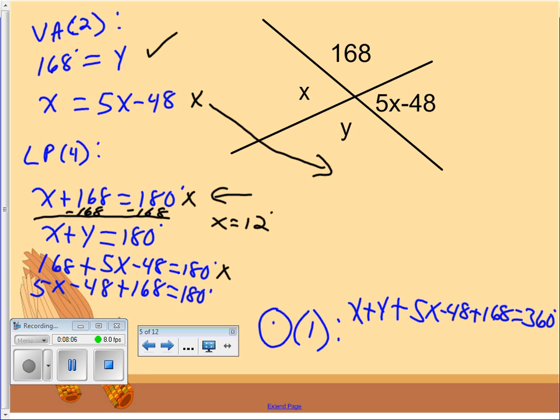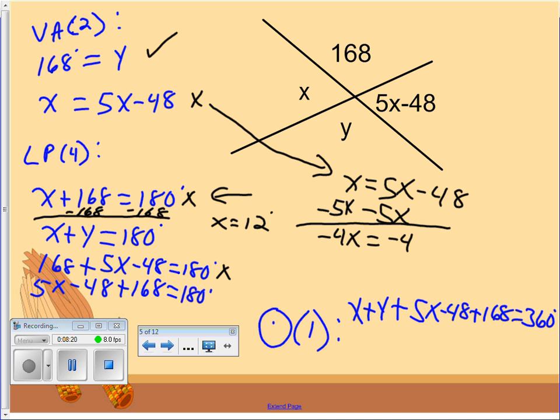So I get x equals 5x minus 48. If I subtract 5x on both sides, I get negative 4x equals negative 48. Divide by negative 4, and x is equal to positive 12. So it doesn't matter, I still got the same answer, more steps, same answer.